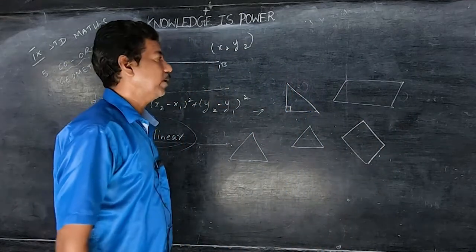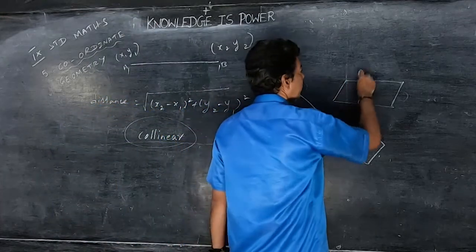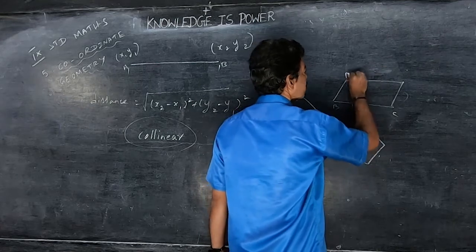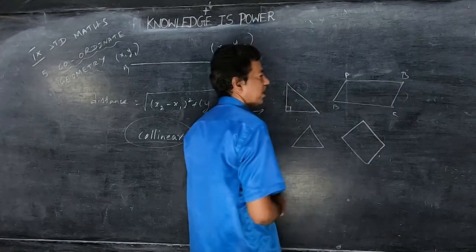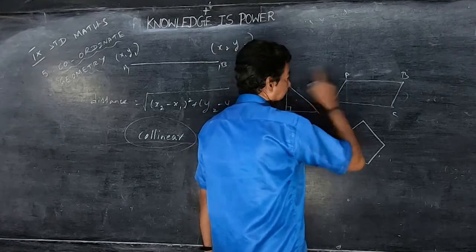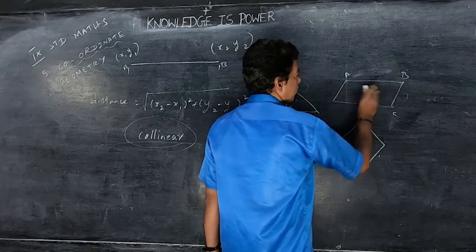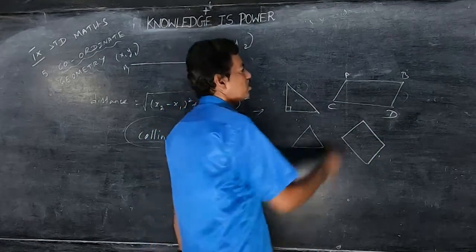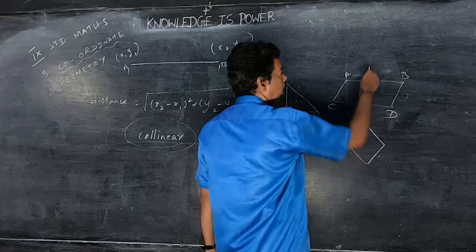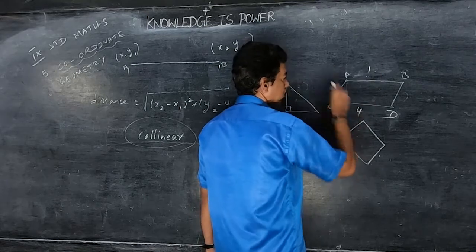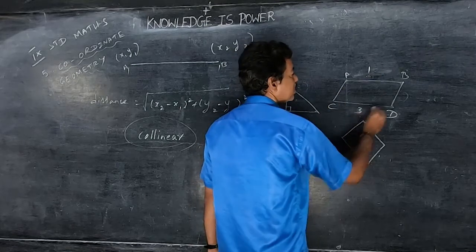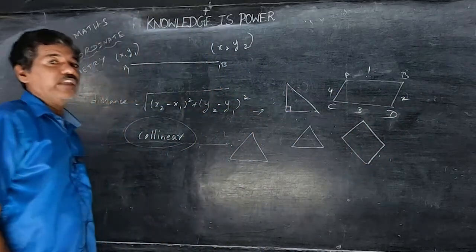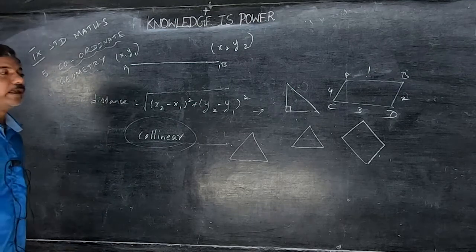We have to find 4 answers. If this is AB and this is BC, then AB and BC will be the same, and AB and CD will be the same, because these are opposite and parallel. Take it as 1, 2, 3, 4: 1 and 3 will be the same, 2 and 4 will be the same. So then it is a parallelogram. If opposite sides are equal, it is called a parallelogram.